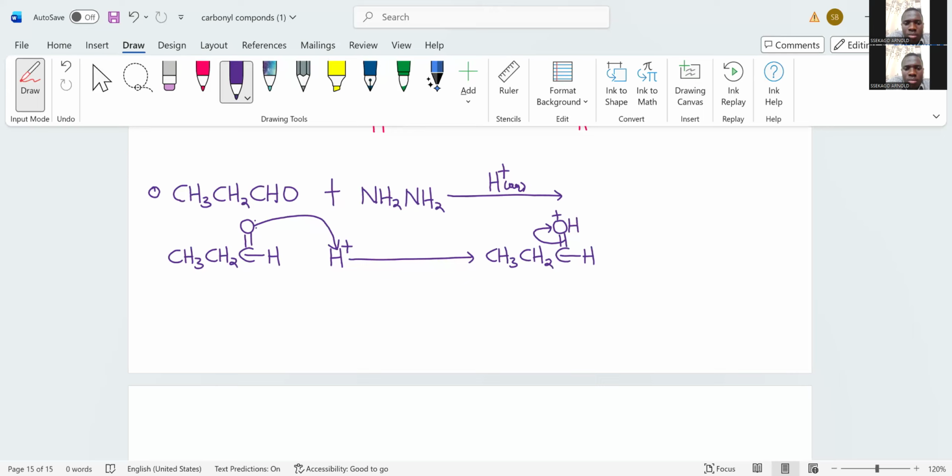It needs electrons. And the derivative of ammonia, NH2, is electron rich. There are lone pairs of electrons on nitrogen that can be donated to carbon like that. So if I donate to carbon, what do I form? I form CH3, CH2, then C. This is now a single bond with the OH.